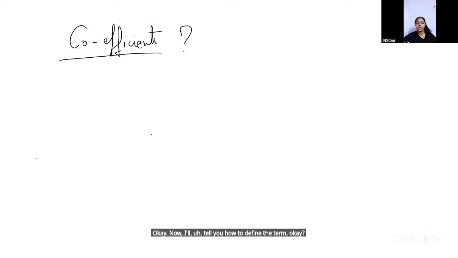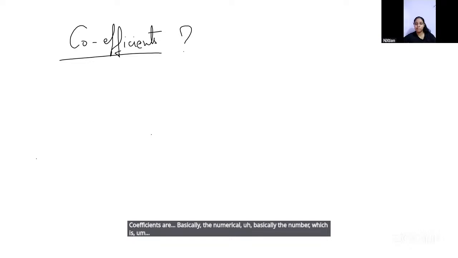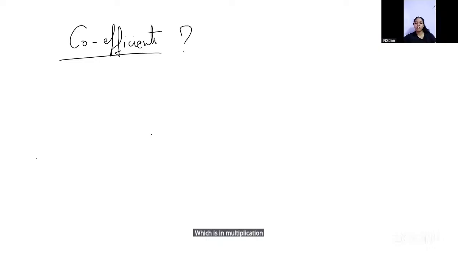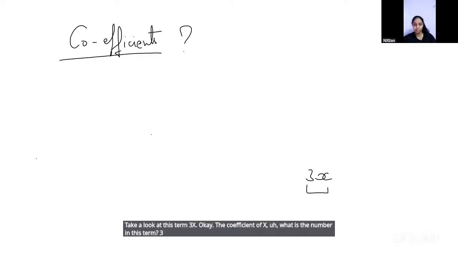Coefficients are basically the numerical part of a term, which is in multiplication with the variable. That is known as your coefficient. For example, take a look at this term 3x. The coefficient of x, what is the number in this term? 3x. 3 is the number, right?